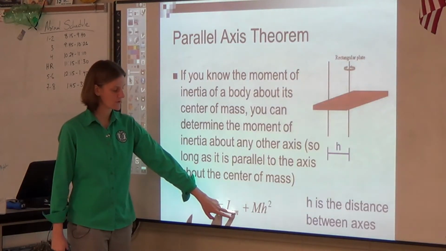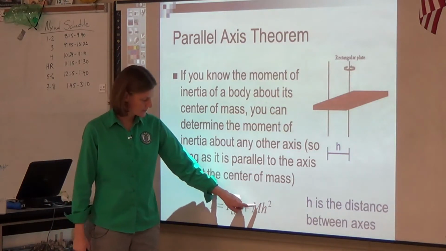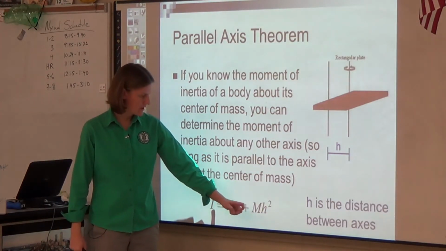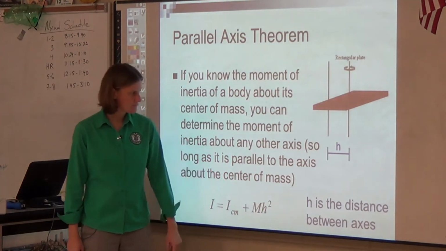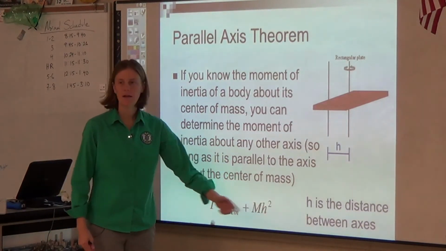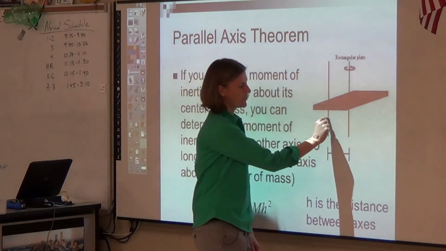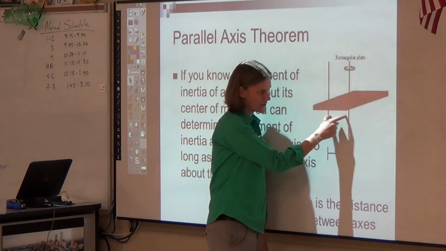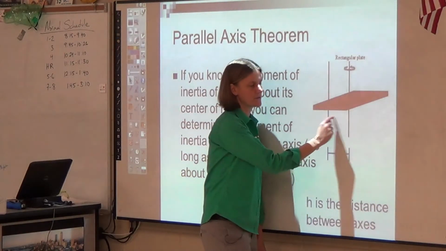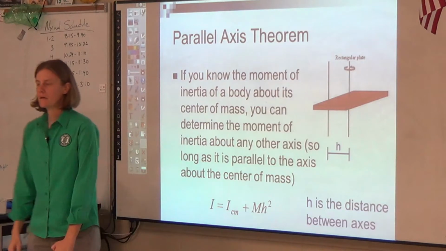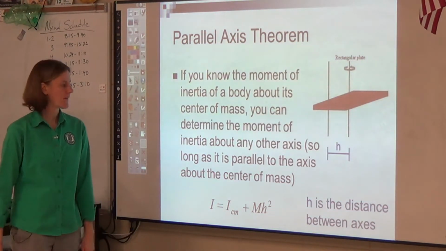Okay, and our last topic today is called the parallel axis theorem. Still relates, of course, to moment of inertia, but all of those formulas in the notes, and also in your textbook, except for one, assume that the object is rotating about its center of mass, which it certainly doesn't have to be.